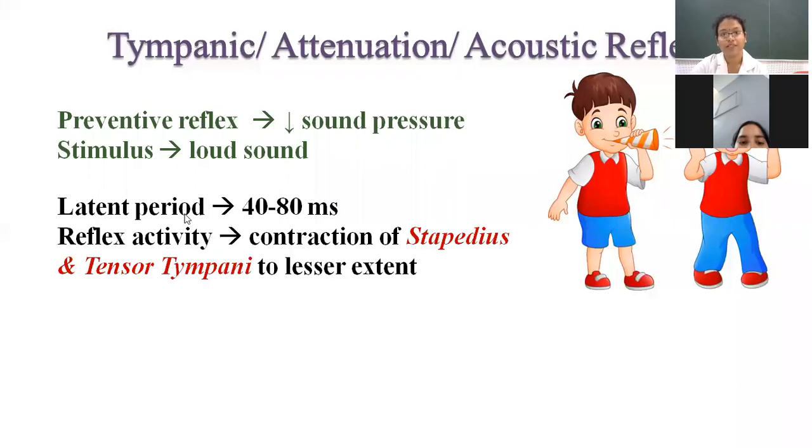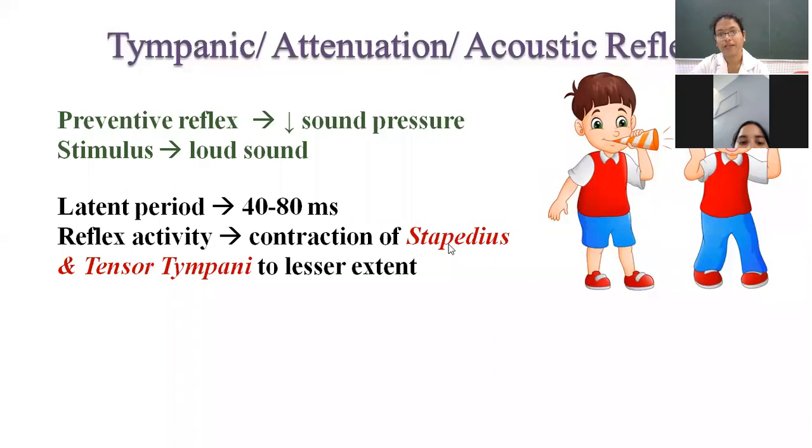Now for this reflex, the latent period is around 40 to 80 milliseconds. Now this is quite a brief period. Whenever a loud sound strikes the tympanic membrane, there is reflex contraction of the stapedius and tensor tympani, mainly the stapedius, which anchors the stapes to the middle ear.